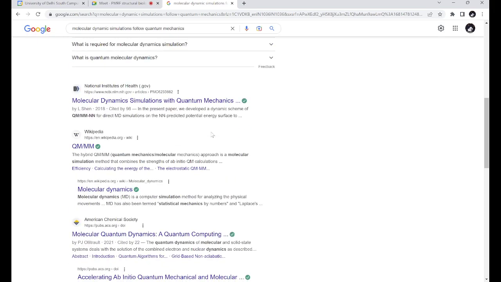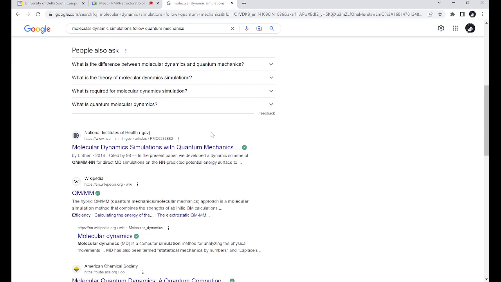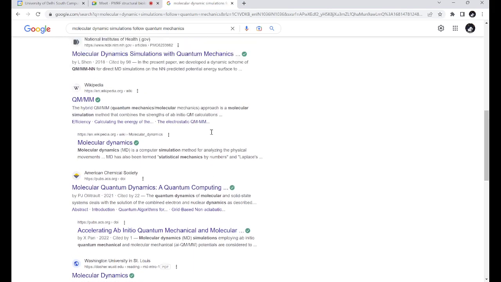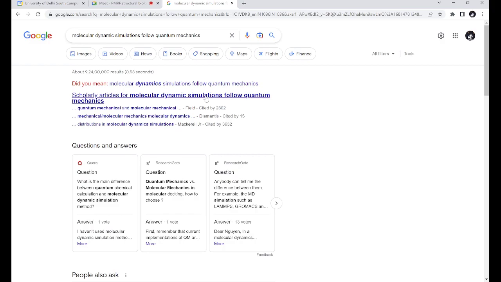This is what I know. Maybe there are some simulations which are based on both, but mostly it's on Newtonian mechanics only. I'll search for it if you're saying so, but I doubt it.